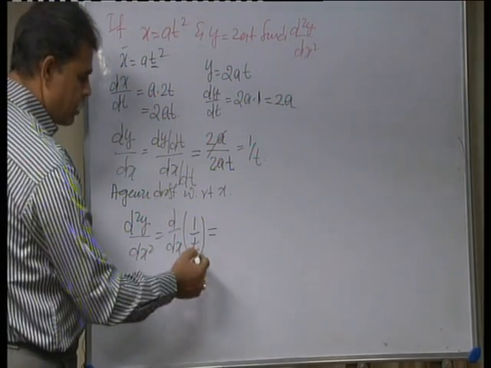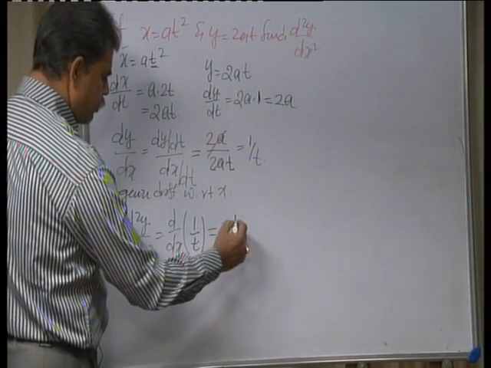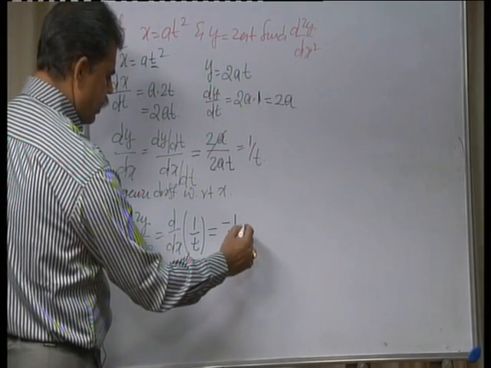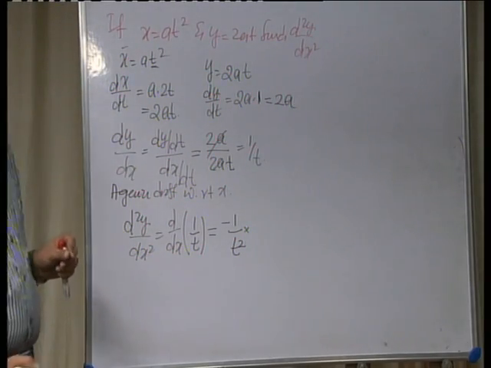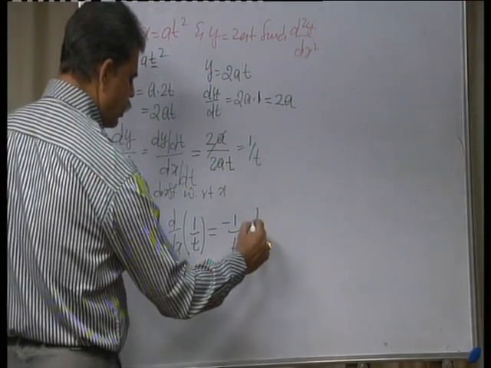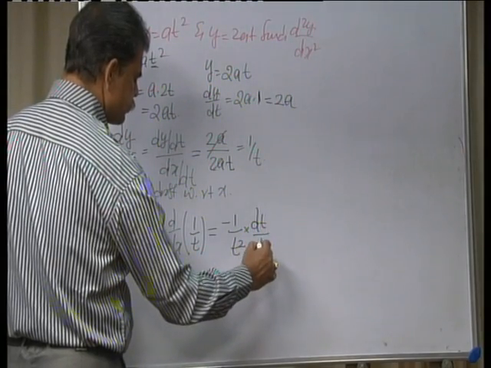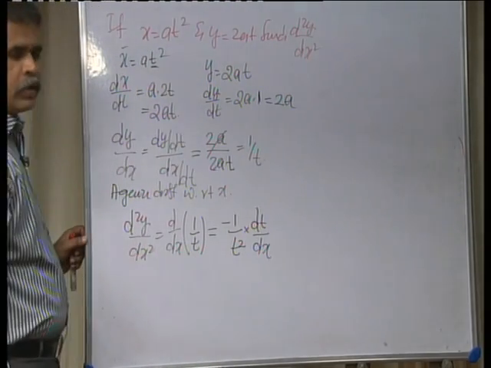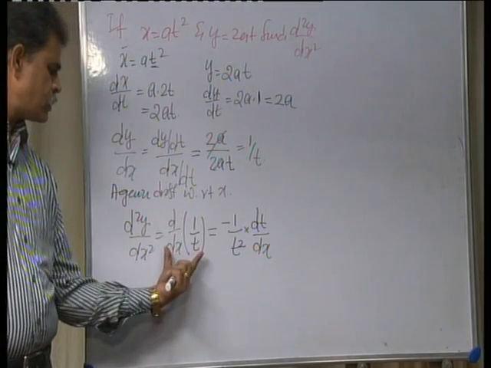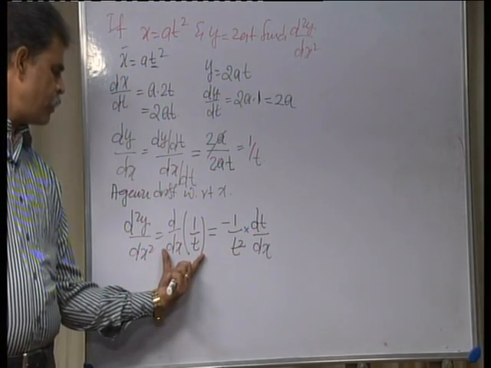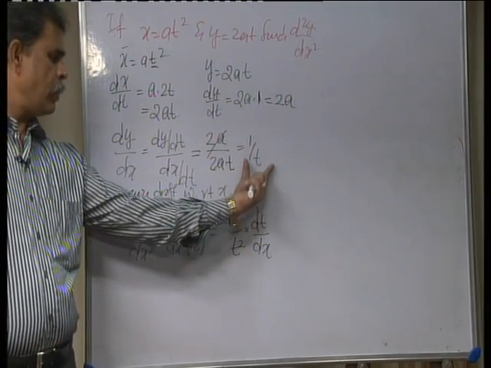You differentiate according to 1 by x square, it is minus 1 by t square into, because the function is in t, we have to write dt by dx. Why are we writing dt by dx? Because the dy by dx is in t.